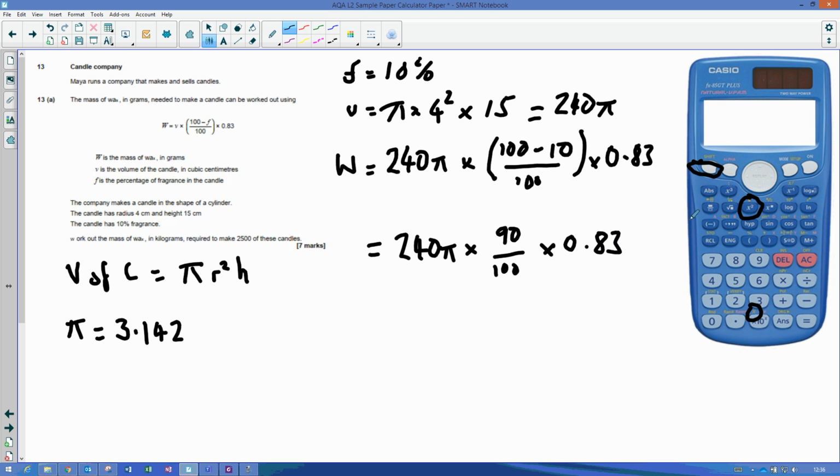Now you could, if you're using a scientific calculator like me, you could type all this in exactly as it appears. 240 times the pi symbol times bracket, fraction button, 100 minus 10, go down to the bottom of your fraction, put in the 100, close your bracket, times 0.83.